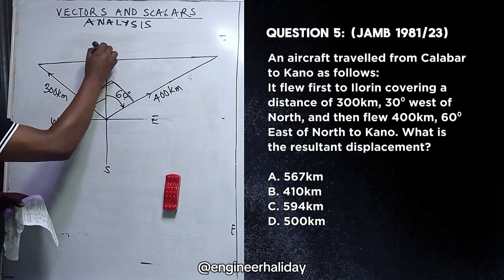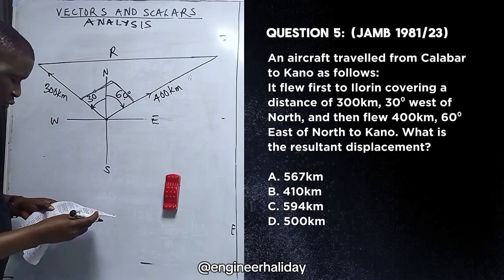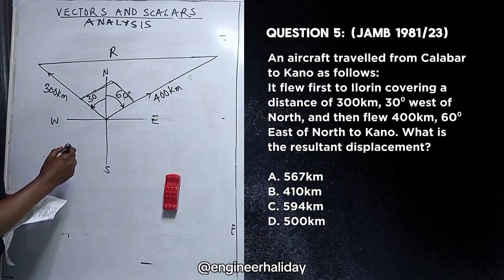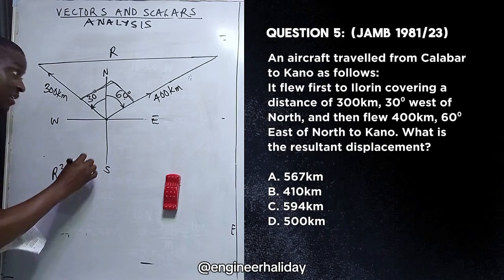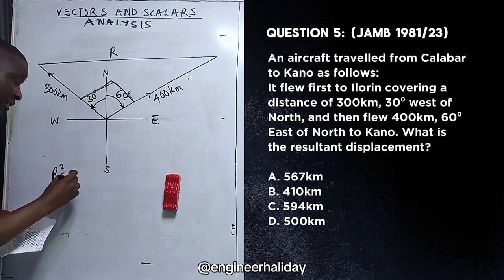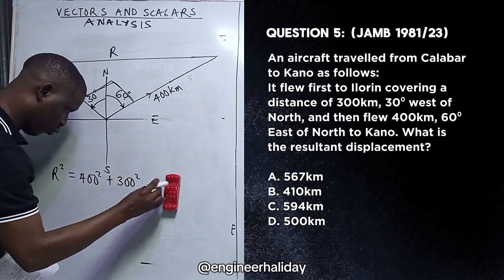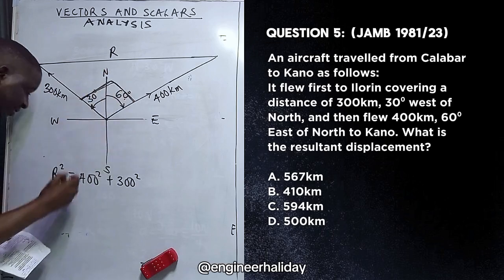So how do we find this place, this resultant? They ask what is the resultant displacement, so we are looking for this part. Since it's forming a right angle, we are going to have 400 square plus 300 square equal to R square, because this is a right angle, 90.